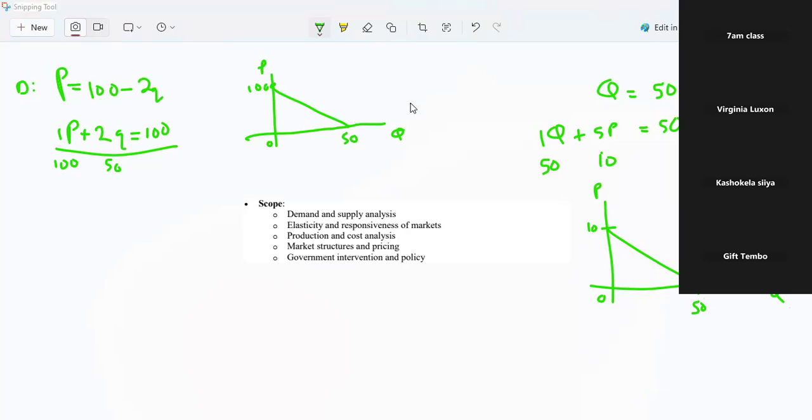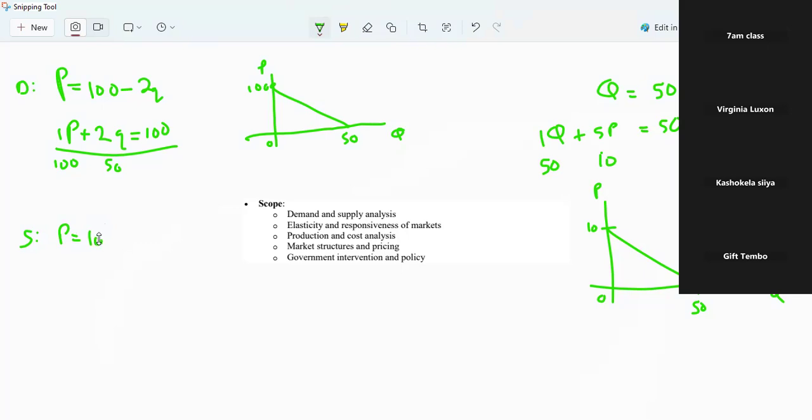All right. Similarly, if we're going to do the supply curve, the supply curve is upsloping. So supply is given by what? Can you tell me how to sketch this one?